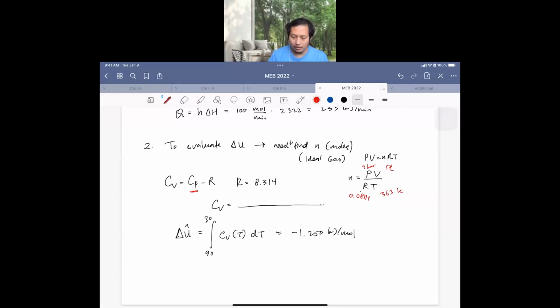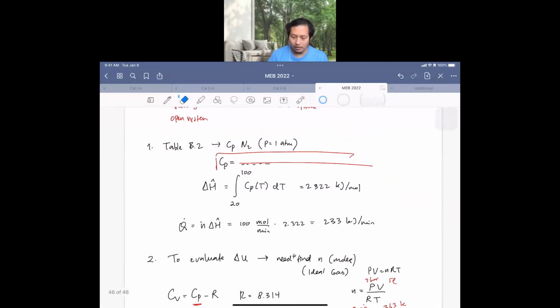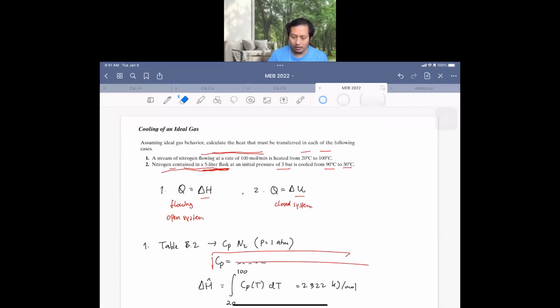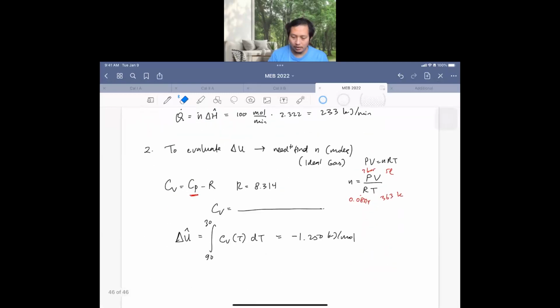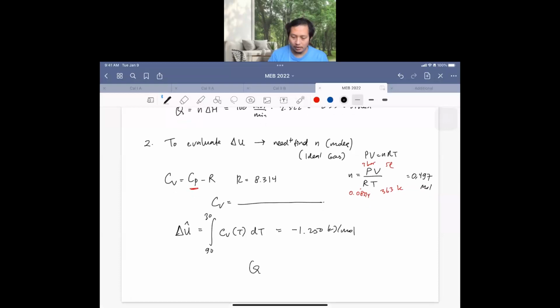Is it 100 Celsius, or what is this? This Celsius? Or 90. Okay, and then we get the moles is approximately 0.9497 mole. Now from this n, we could write Q as n times delta U specific, so we multiply these two.